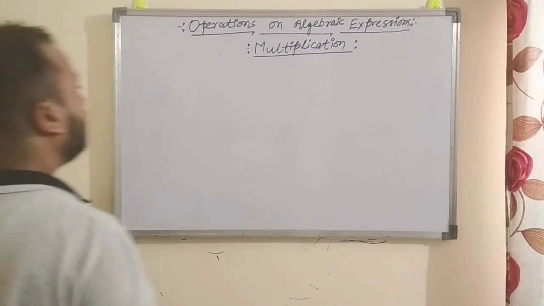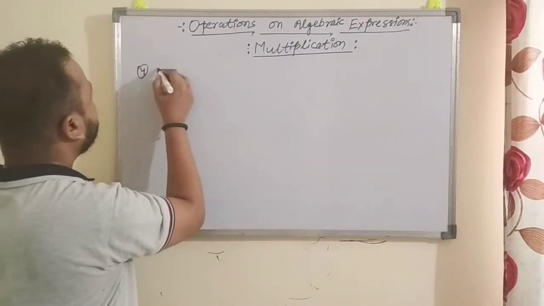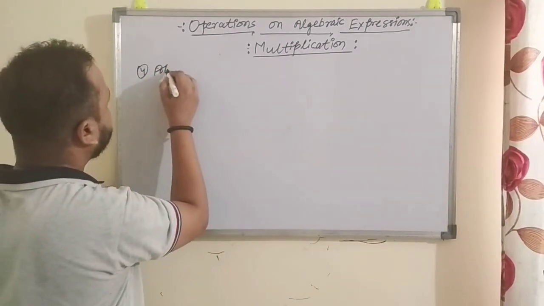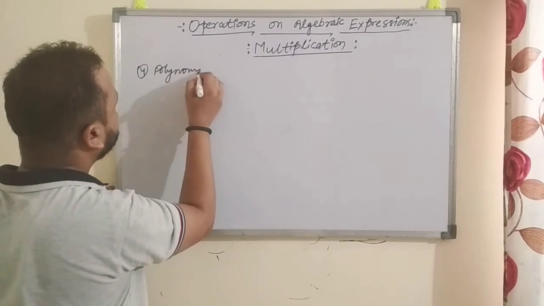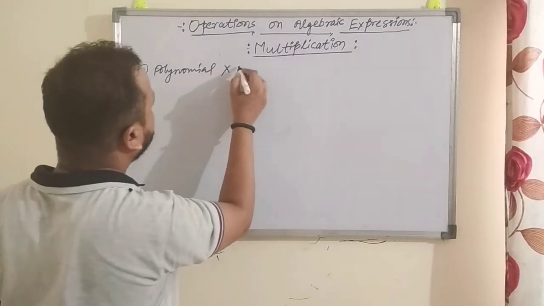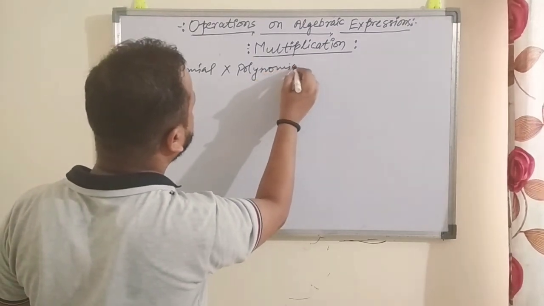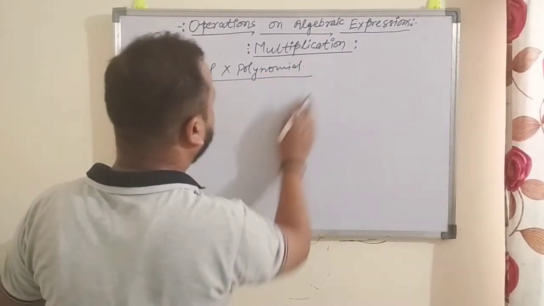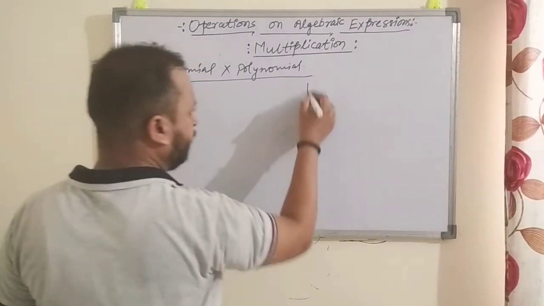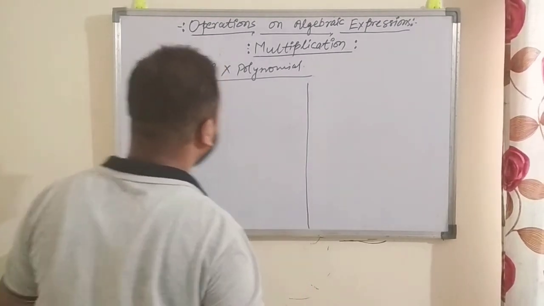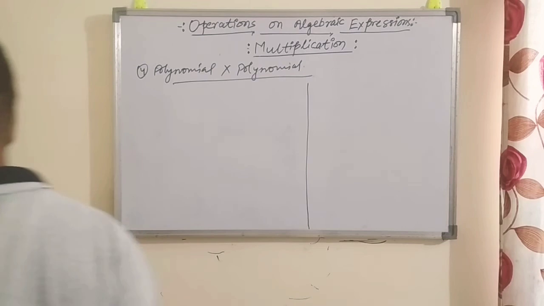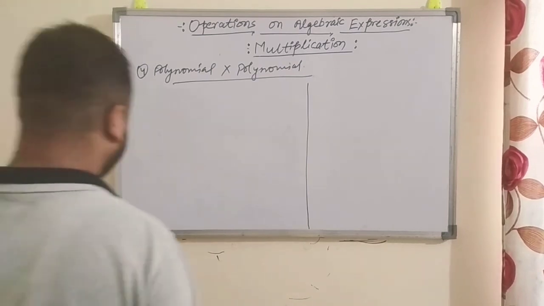The fourth part is multiplication of polynomial into polynomial. I'll take both the examples from your book.